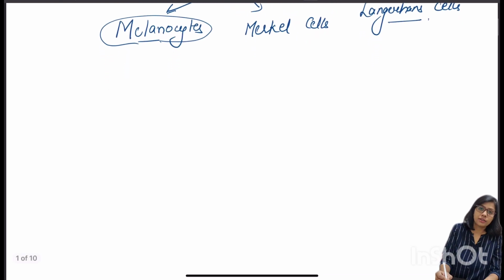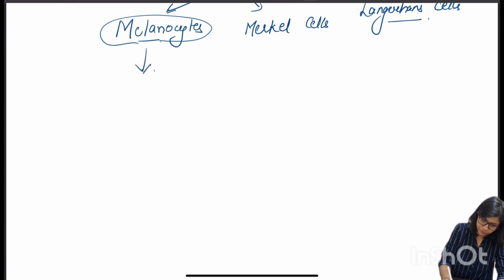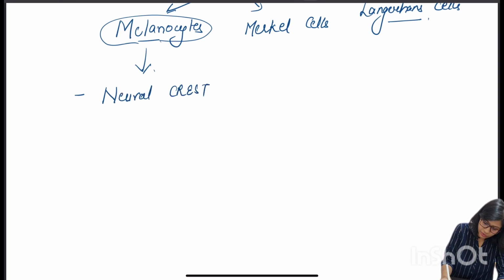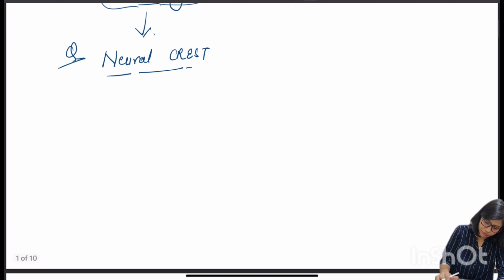Starting with melanocytes. These cells are derived from neural crest. Very, very important MCQ question. And these are present in stratum basale.